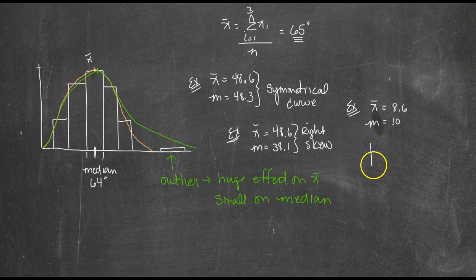So if I were to make a frequency distribution histogram and I found that the median falls here at 10, but X bar falls over here at 8.6, then my bell curve is going to be relatively unaffected on the right-hand side, and more greatly affected here on the left-hand side. So I'm going to get this region of skew on the left-hand side. So I get a left skew.